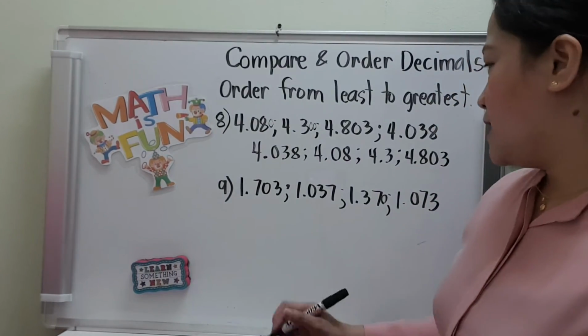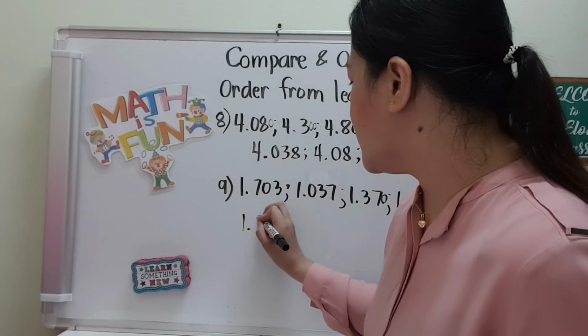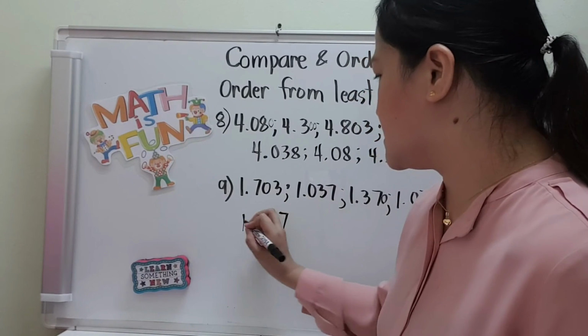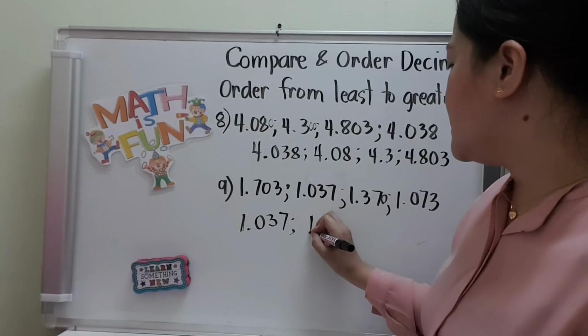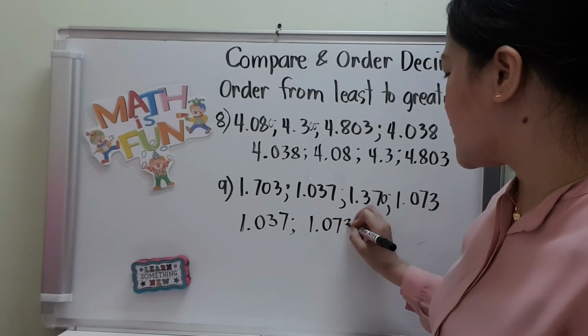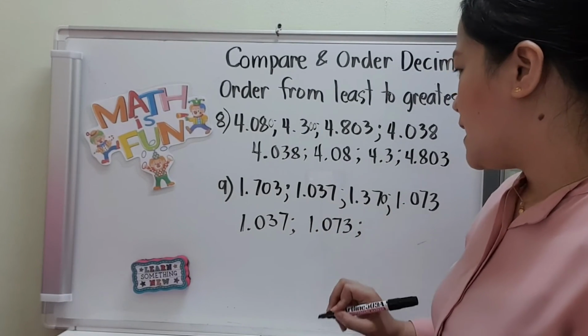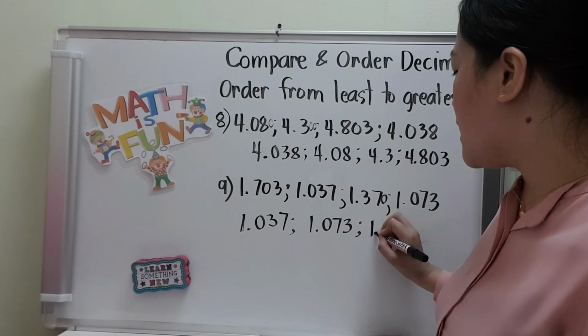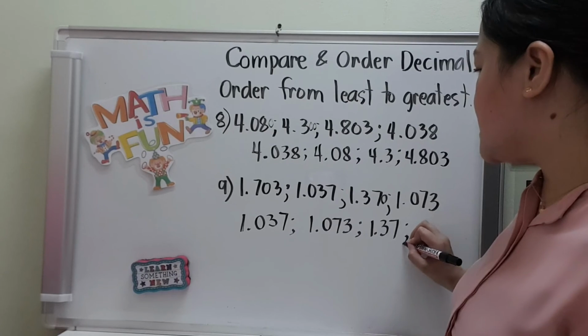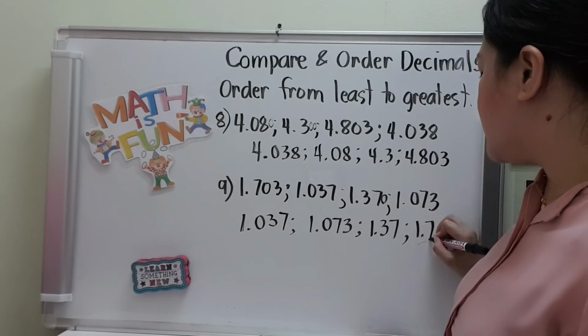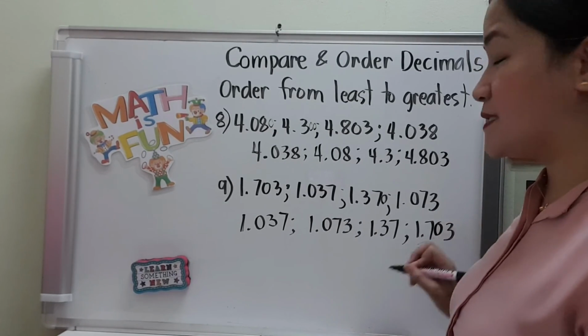The least number here is 1 and 37 thousandths, followed by 1 and 73 thousandths. And then the third will be 1 and 37 hundredths. And the greatest number is 1 and 703 thousandths.